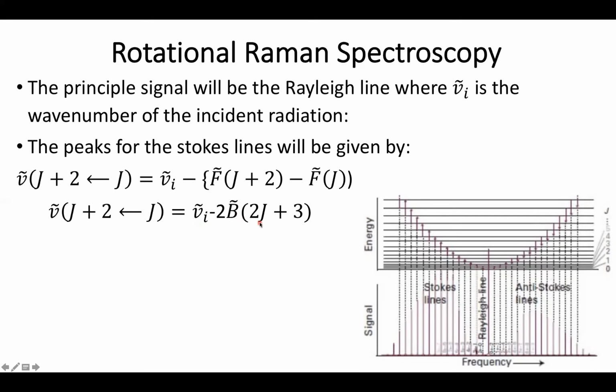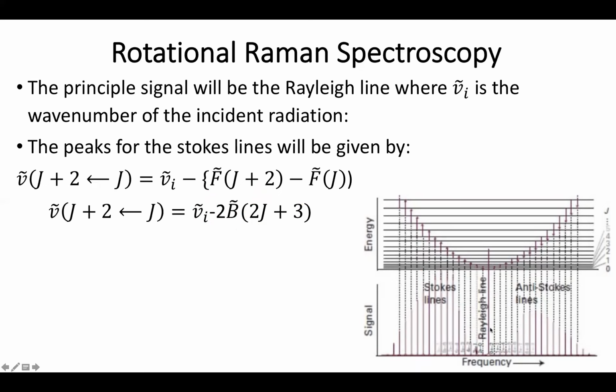And this will show a J dependence because, remember, our rotational states, the difference in energies between our states, significantly increases as we go to higher J's. And again, we see this with the Raman spectra in the same way we did for our traditional rotational spectroscopy.